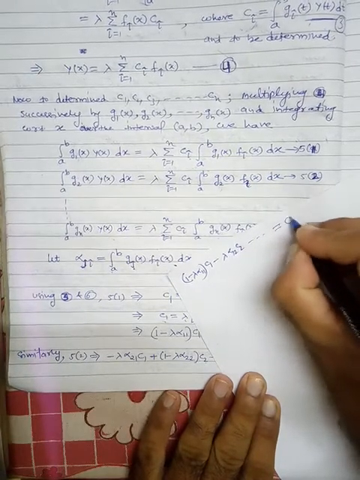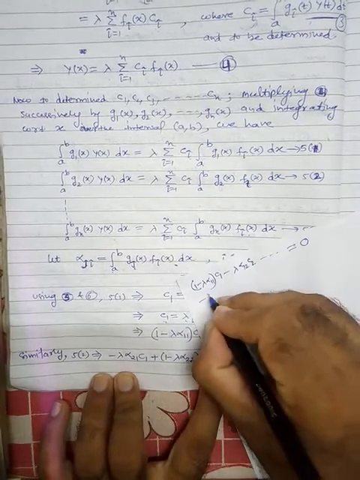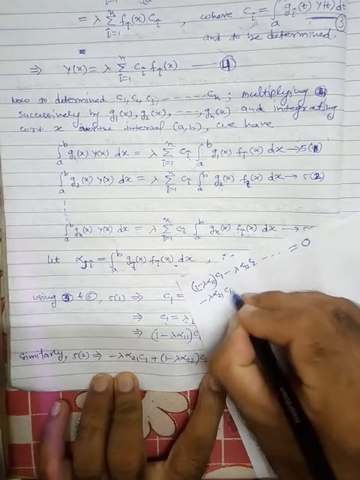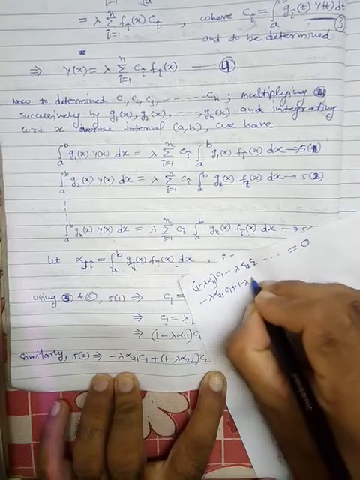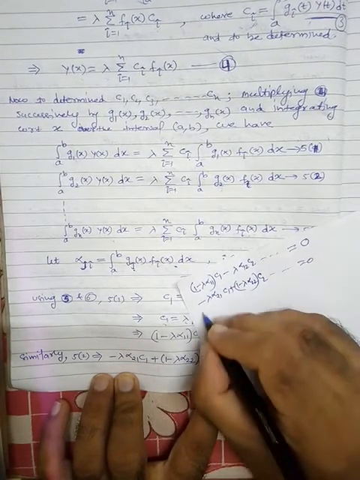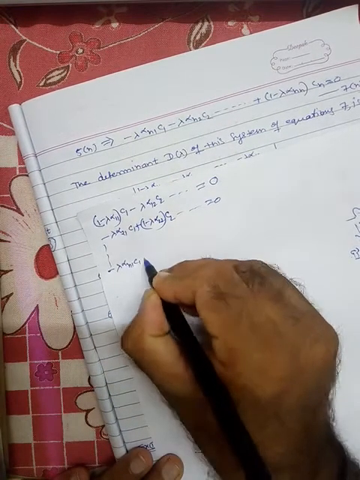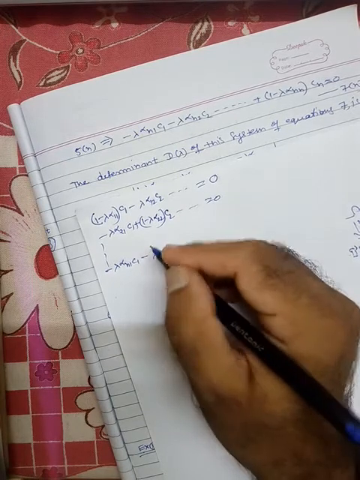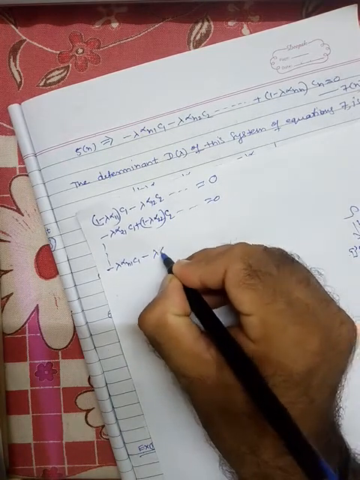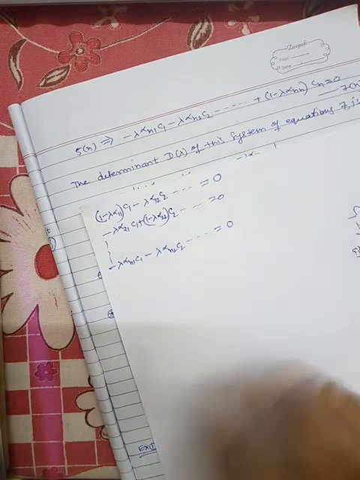is equal to 0. Then the second equation is this: minus lambda alpha 2 1 C1 plus (1 minus lambda alpha 2 2) C2 and so on is equal to 0. And the last equation is this: minus lambda alpha n1 C1, sorry, minus lambda alpha n2 C2 and so on is equal to 0.